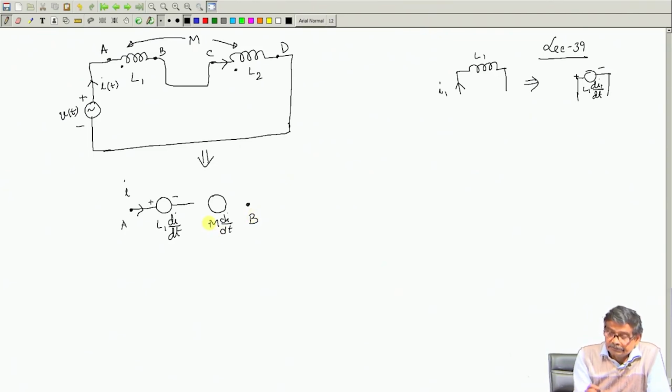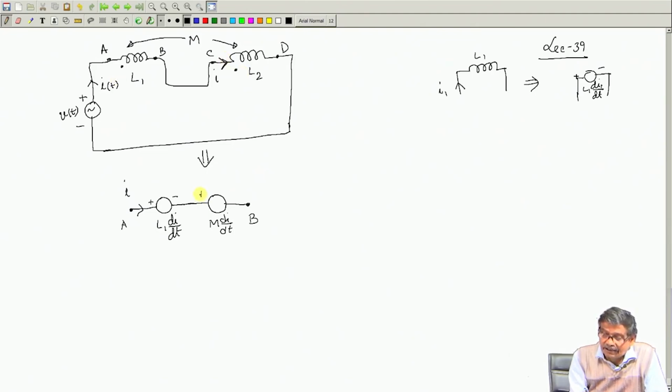For a single inductance everything is over, but for mutually coupled coils it is not. Because of self inductance, there will be a voltage source, and because of mutual inductance, because the second coil is carrying the same current I, there is M di/dt. But I must write down the instantaneous polarity of this induced voltage. In the second coil, through the dot current is entering, therefore the induced voltage must be plus on this side.